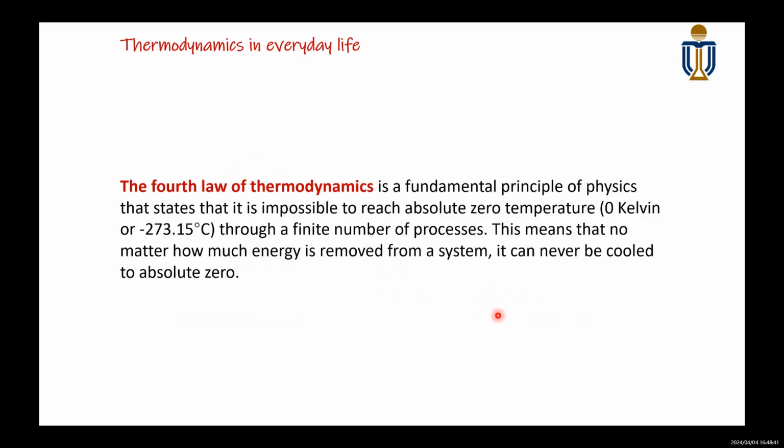At absolute zero, a perfect crystal would have zero entropy and be in a state of maximum order. However, it is impossible to reach this state through a finite number of processes because as the temperature approaches absolute zero, the system becomes increasingly resistant to further cooling.